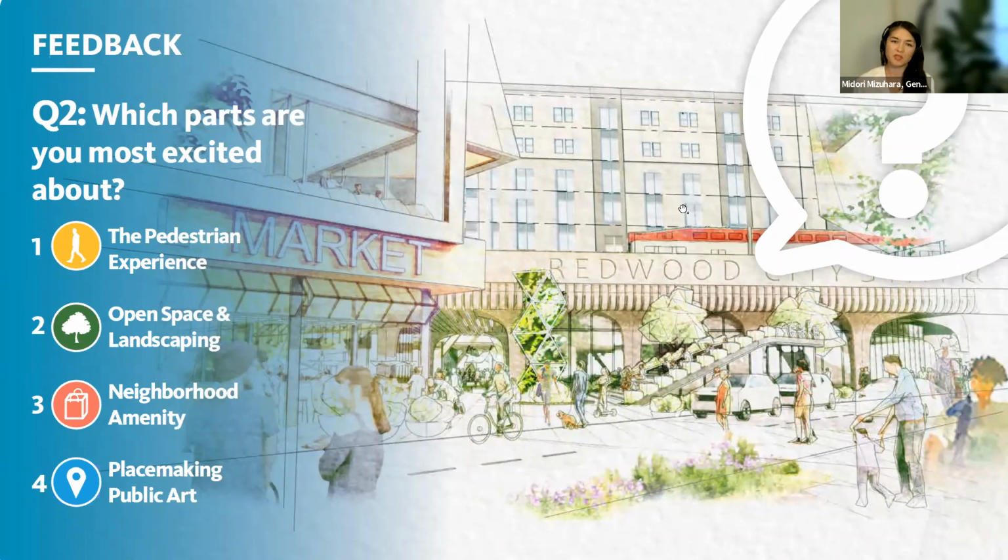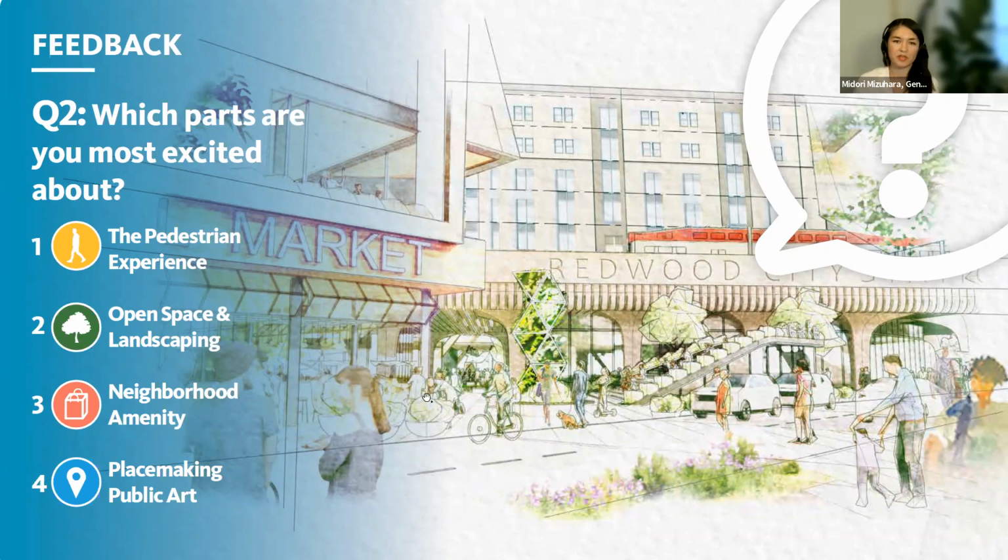And then in third place, placemaking and art. And then coming in fourth, neighborhood amenities, so those shops and restaurants on the ground floor. So really interesting to hear your feedback on that. And so that's telling me that pedestrian experience is something that is really, really desired with this group.